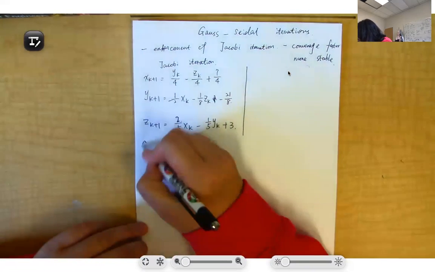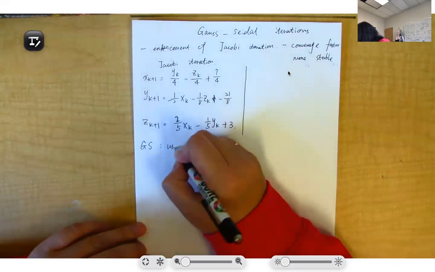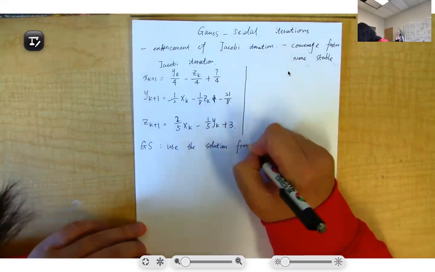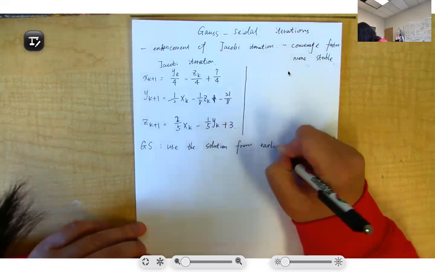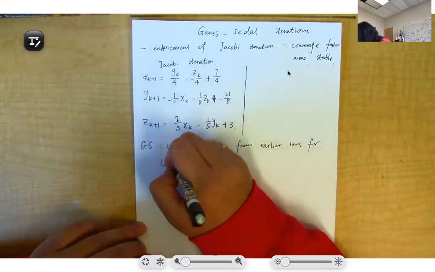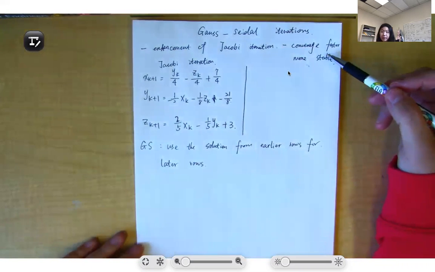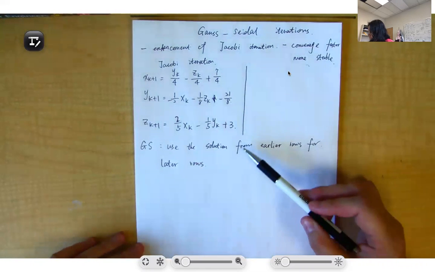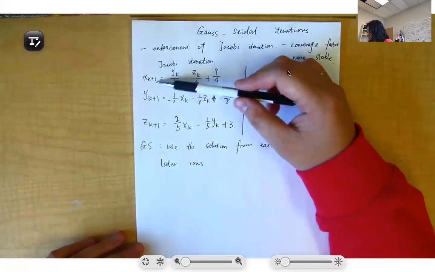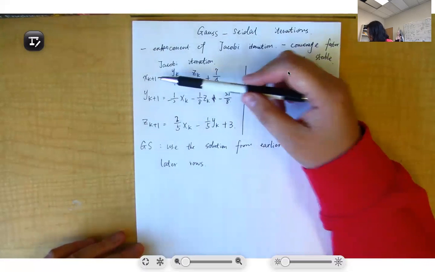Let's represent it by GS: it uses the solution from earlier rows for later rows, for example x_{k+1}, and then it will reach convergence faster and more stable.